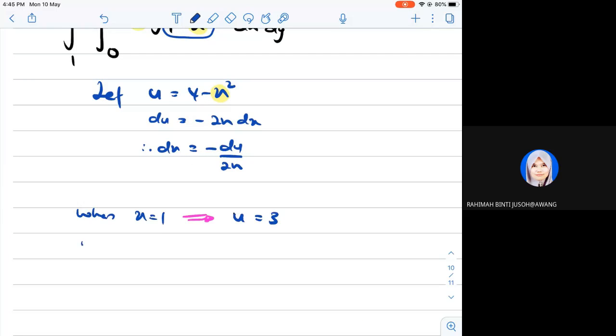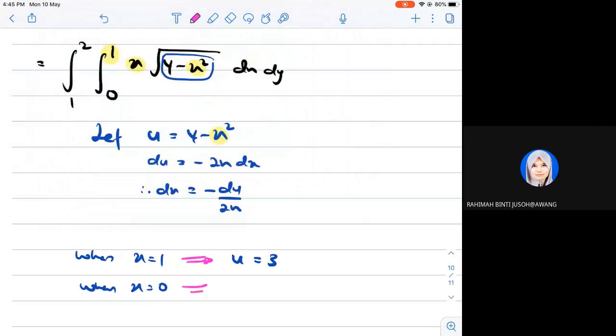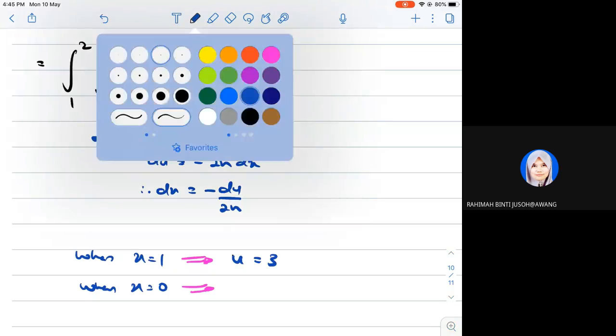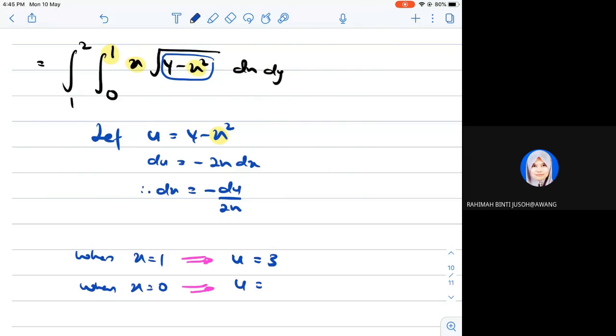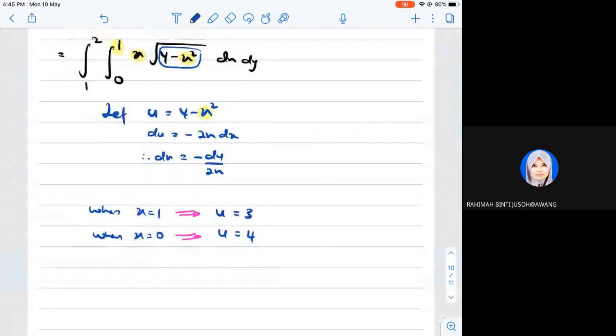And then when x equals 0, u equals 4 minus 0, substituting into the u from above, so it becomes 4. Alright. Now, the outer integration has no effect, so just copy it back. So the inner integration limit when x equals 0 is u equals 4.